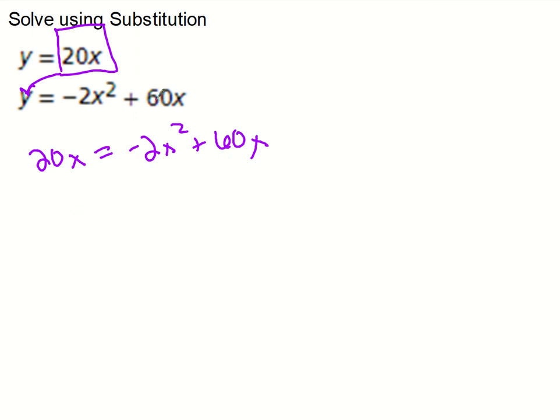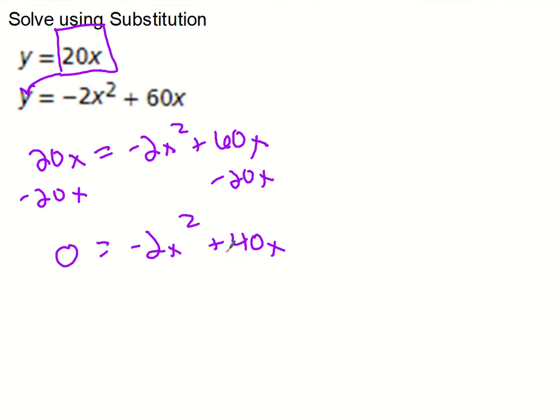So what I'm going to do is subtract 20x from both sides to make it equal to 0. And now I get -2x squared plus 40x.